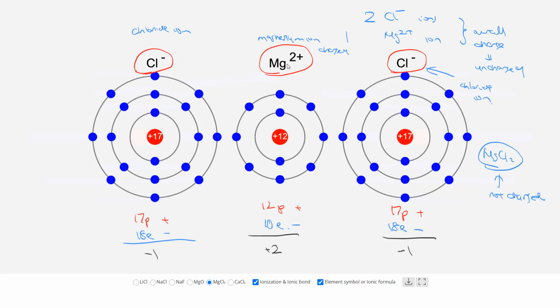The compound is not charged, even though it is made up of charged ions or charged particles. Okay. That's why when you're trying to work out your ionic formulas, you need to know your valencies and you need to balance them. Because overall, the substance is uncharged, even if the things that make them up are charged.